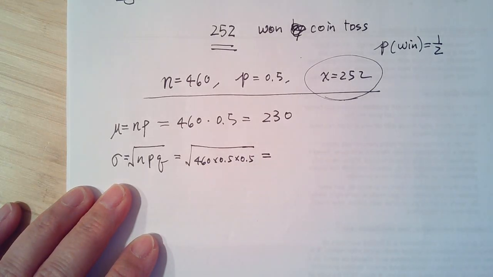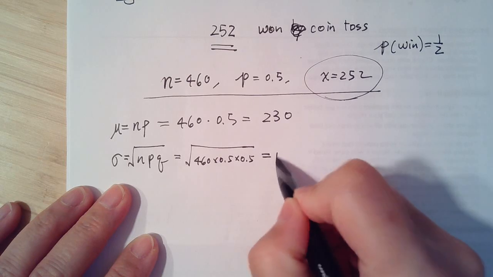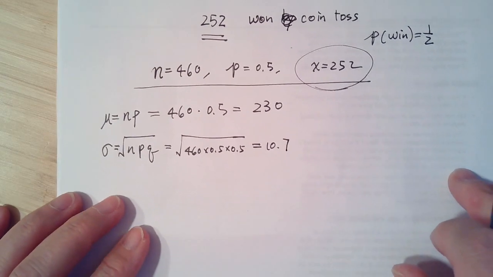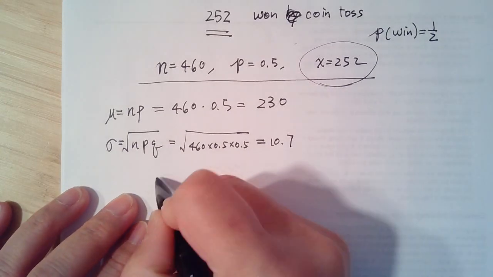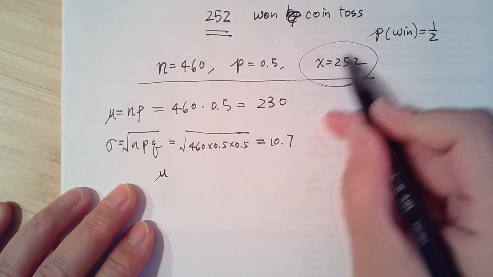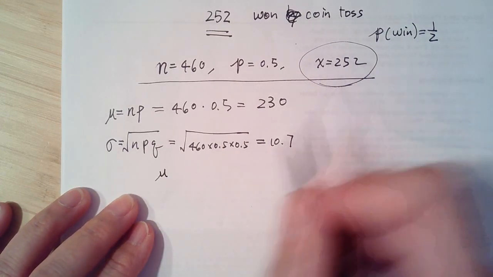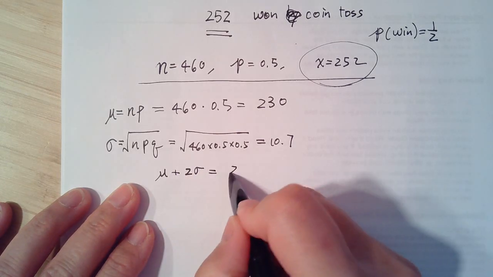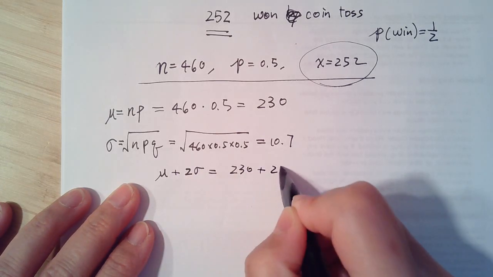For sigma, 460 times 0.5 times q, which is just 1 minus p, so it's also 0.5. Using the calculator, I find it's 10.7. I only want to know whether this is significantly high, so I only do mu plus 2 sigma, which is 230 plus 2 times 10.7.